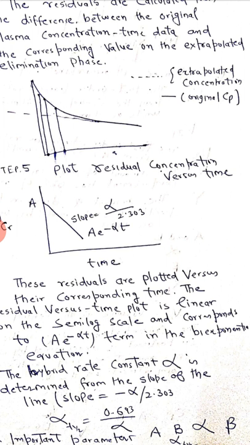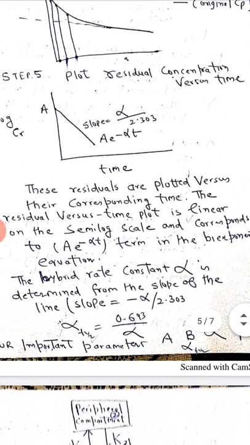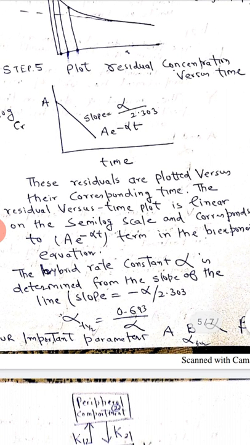This line, which is the residual line, represents the first part of the biexponential equation, that is C is equal to Ae^(-alpha t) plus Be^(-beta t). So the first part, Ae^(-alpha t), is represented by this residual line. These residuals are plotted versus their corresponding time.